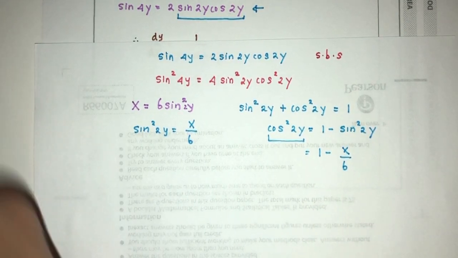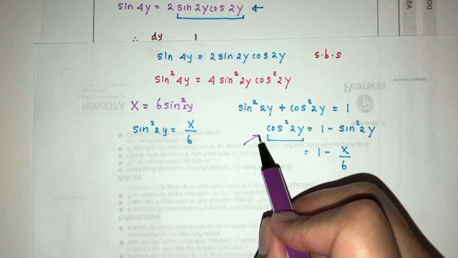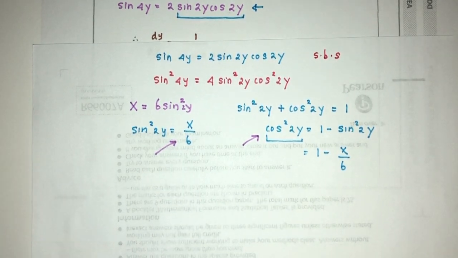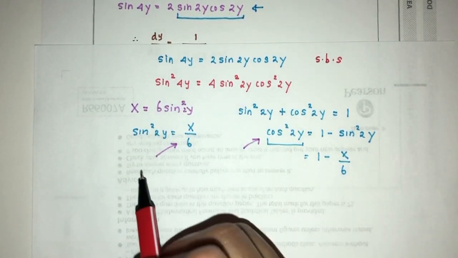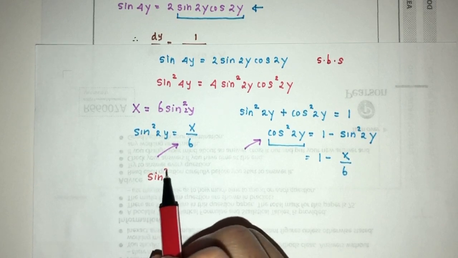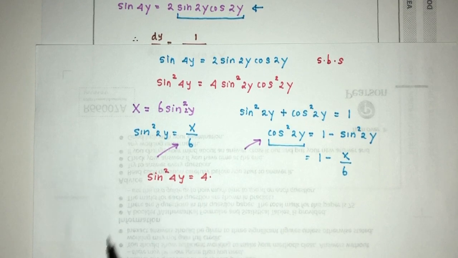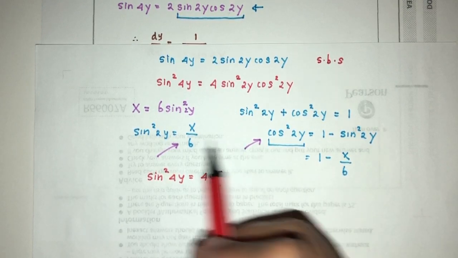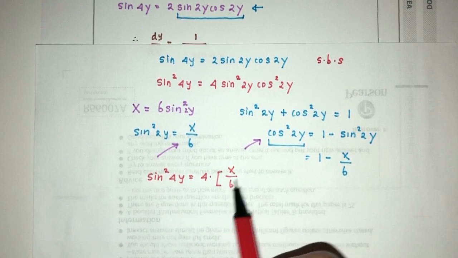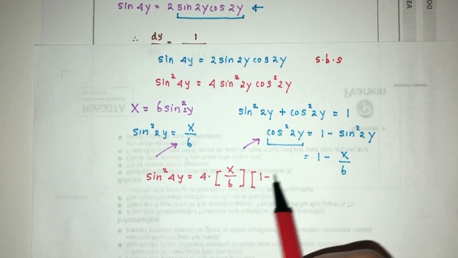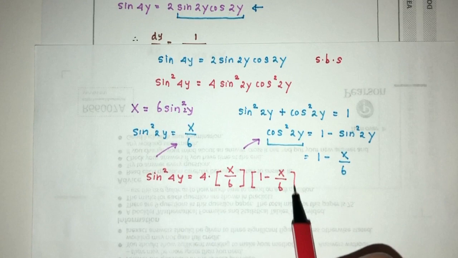So we know these two values now. Guess what? We can replace in the main equation, which is this one. So we have sine square 4y have to be 4 times x over 6, times 1 minus x over 6.